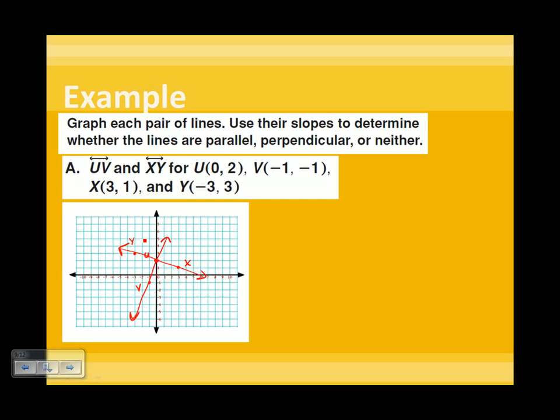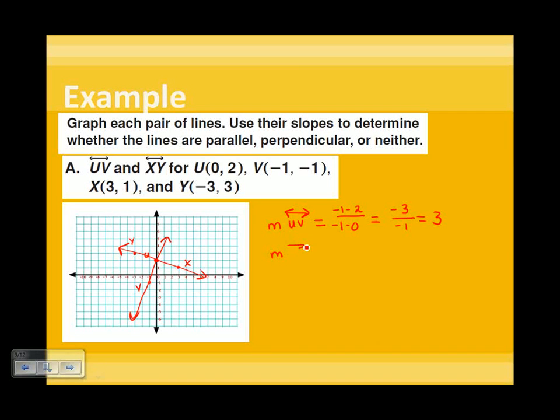Now we want to know if those two lines are parallel, perpendicular, or neither. Well, parallel I think is out of the question, but let's check and see if they're perpendicular. So I'm going to find the slope of line UV by doing the difference in the y's, negative 1 minus 2, and the difference in the x's, negative 1 minus 0. So I end up with negative 3 over negative 1, which has a slope of 3.